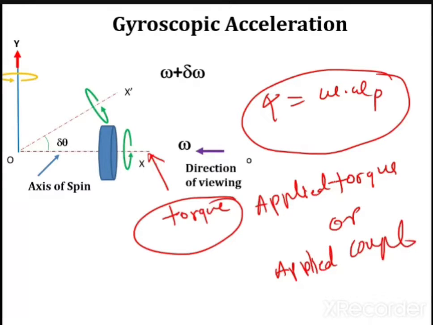So when I apply a torque or a couple on this axis, what happened? This axis came to the new position x dash. So when it came to the new position x dash, what happened? The axis precessed, or turned, about this axis, which is called OY, the axis of precession. Okay, and that is why this gyroscopic acceleration got produced.